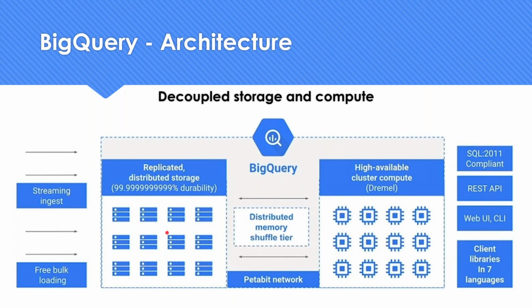So, a decoupled storage and compute option. Storage is going to be a distributed system, somewhat equivalent to Google Cloud Storage, which has 11 nines of durability. And your compute option, why do you need compute? We'll see it when we see the actual demonstration. Storage is where your tables actually get stored.